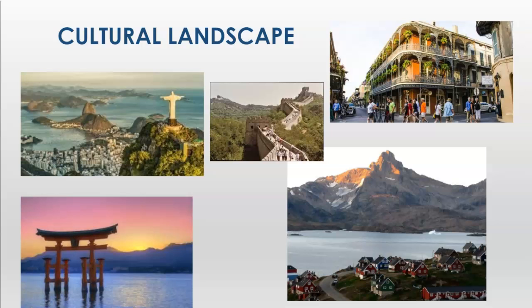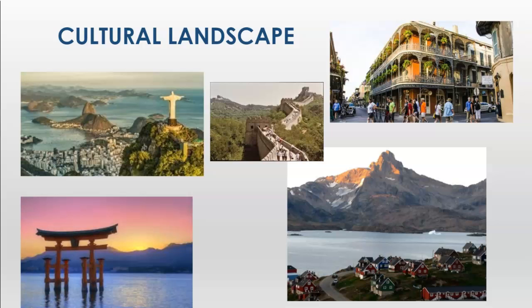Or you have the French architecture in New Orleans, right, with the unique balconies overlooking the French Quarter. Or you have the Shinto gates in Japan, or the unique Scandinavian architecture in places like Norway, right, with the steep pitched roofs, right, so that snow falls off of the roof.